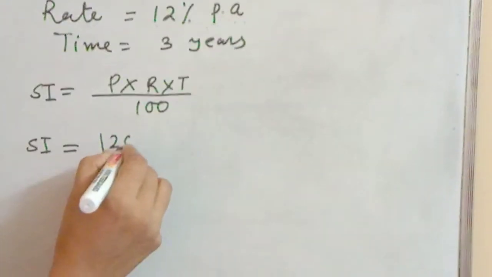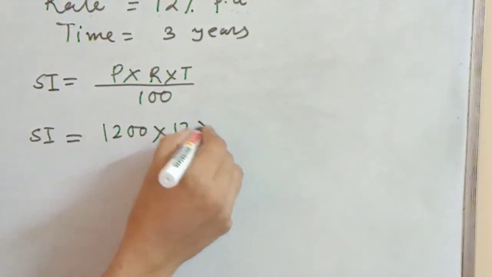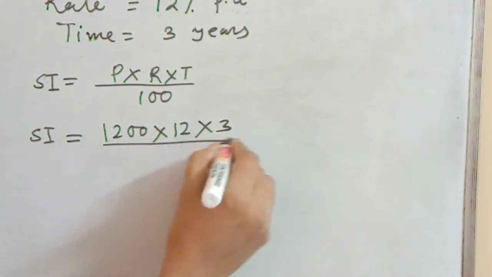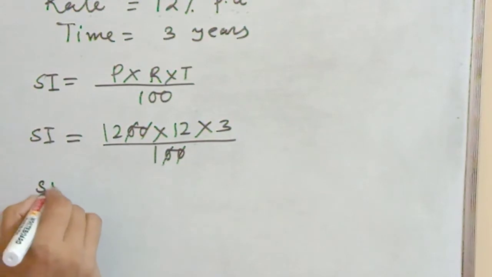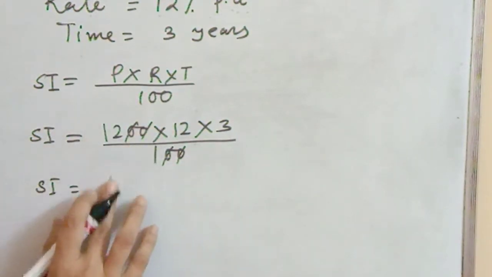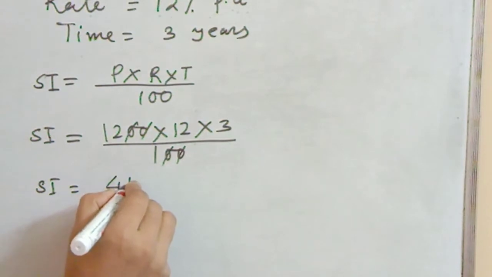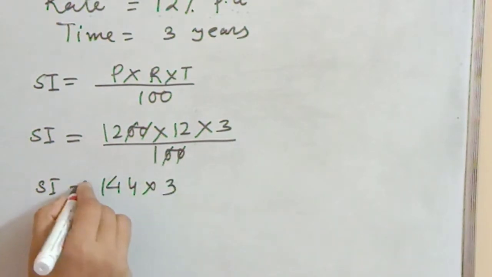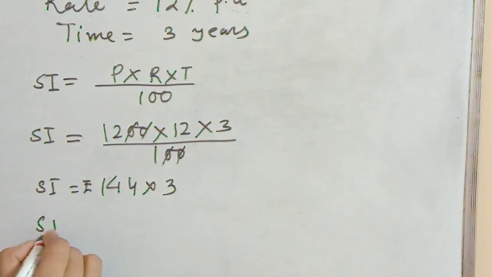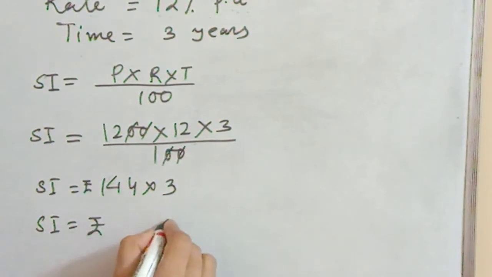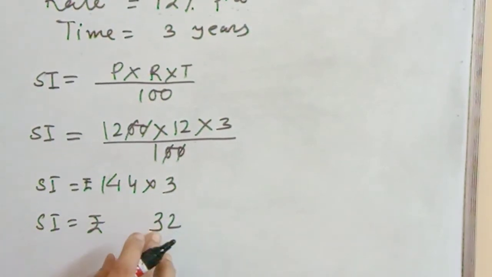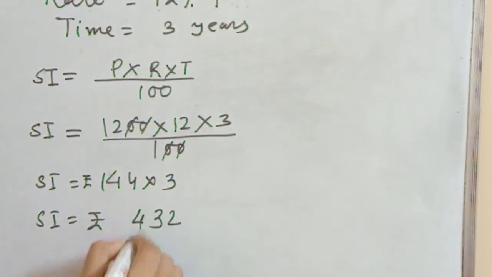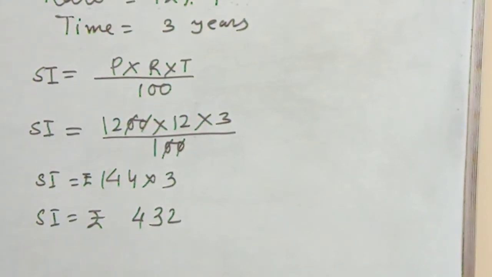Principal 1200, rate 12%, time 3 years, divided by 100. Cancel this. So SI equal to 12 into 12, 144, into 3 rupees. Therefore SI is equal to rupees 432. Now this is the simple interest.